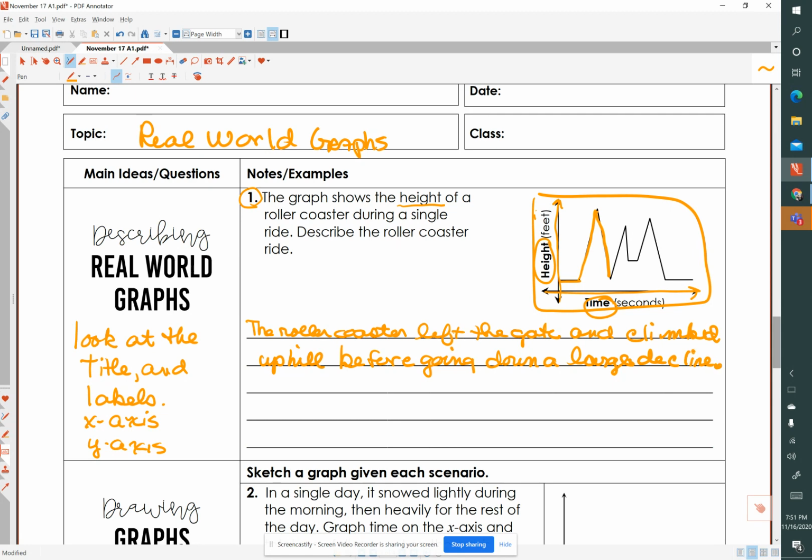Okay, so then what happens? It climbs up again. Descends, but not as far. And then look what it does in this little section right here. It coasts at a level rate.